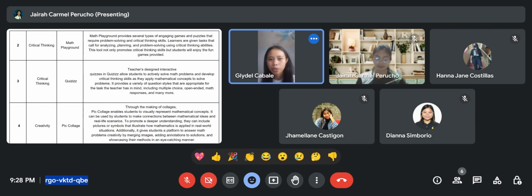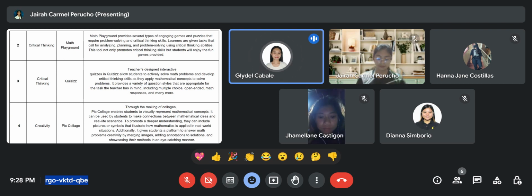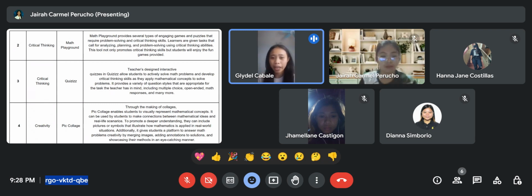So through the making of collages, Pic Collage enables students to visually represent mathematical concepts and can be used by students to make connections between mathematical ideas and actual real life scenarios to promote a deeper understanding, and they can include pictures or symbols that illustrate how mathematics is applied in real world situations.